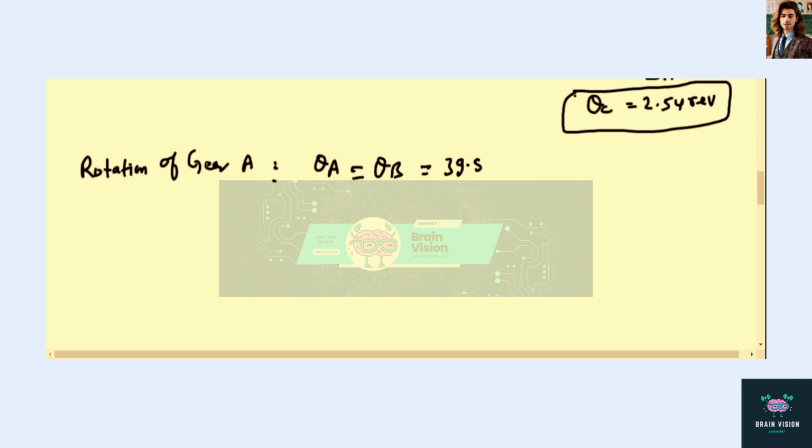So if we apply the work energy theorem for gear A, the work done by the couple is equal to the change in kinetic energy.